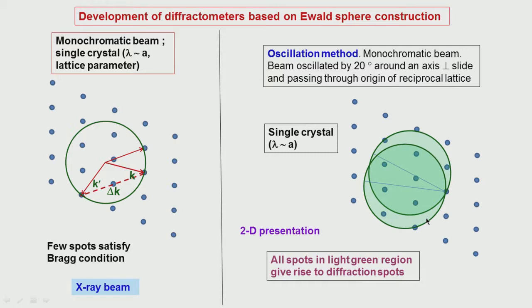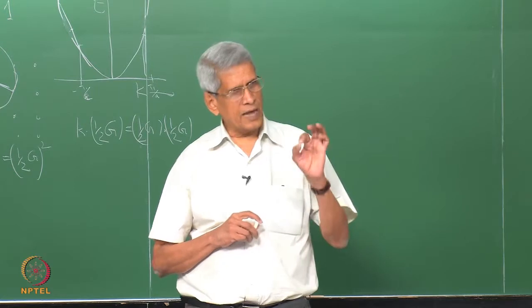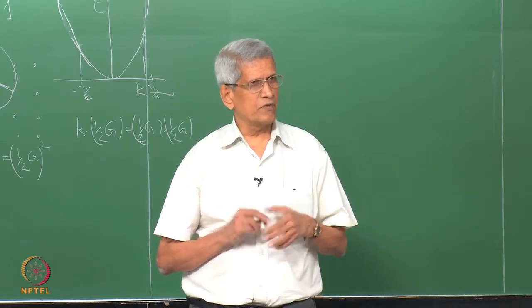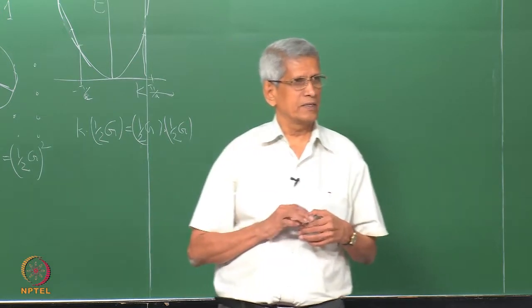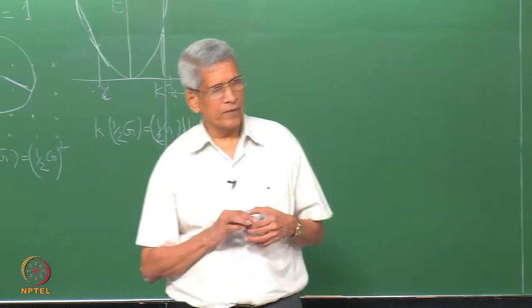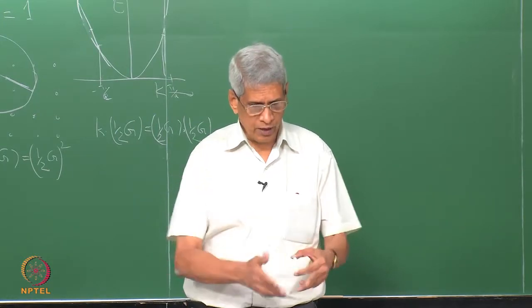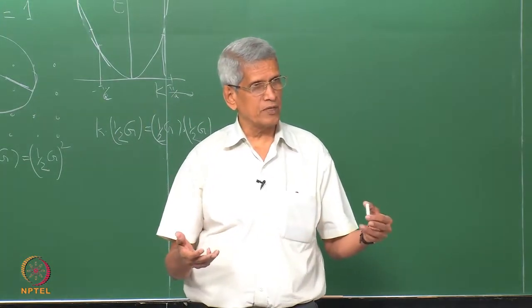This type of crystal diffractometer is used for finding lattice parameters and symmetry of these single crystals. Do both methods give the same pattern? No, here the wavelength is not being changed.